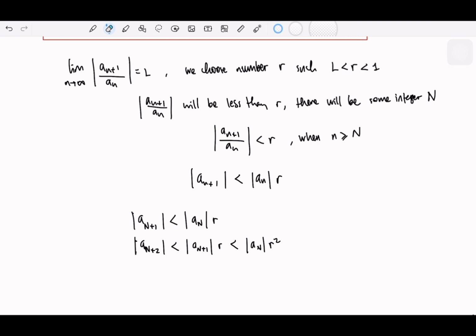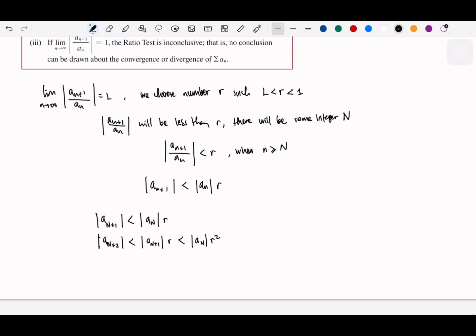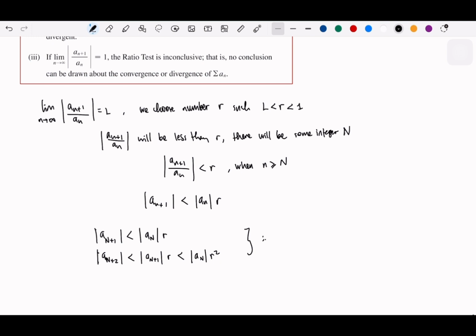And so in general, an plus k will be less than an times r to the power of k, for k at least 1 or greater than 1.